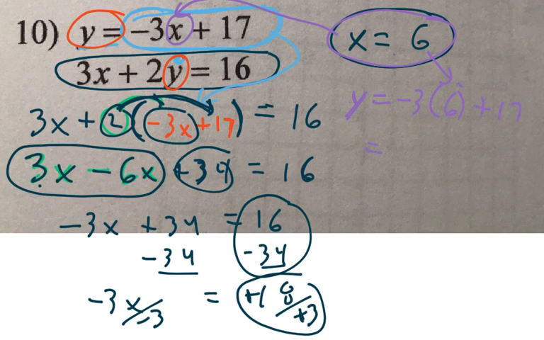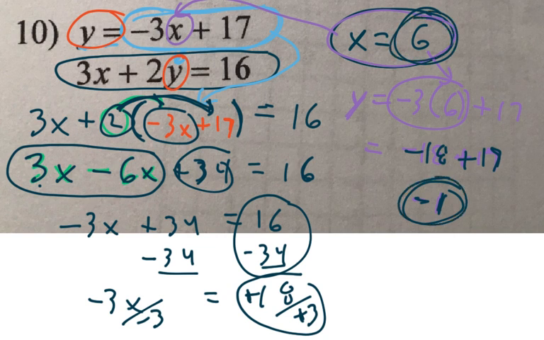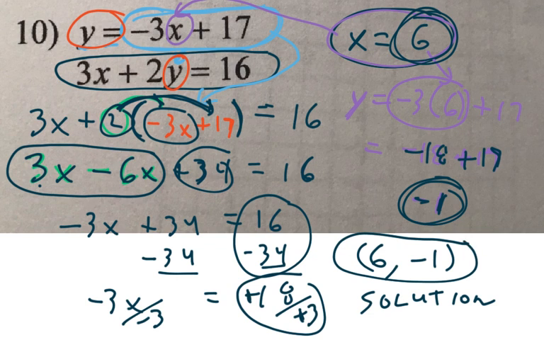Y equals negative 3 times 6, which is negative 18, plus 17 is negative 1. So now I'm going to put my x value and my y value together. This is my solution, as we say: (6, -1).